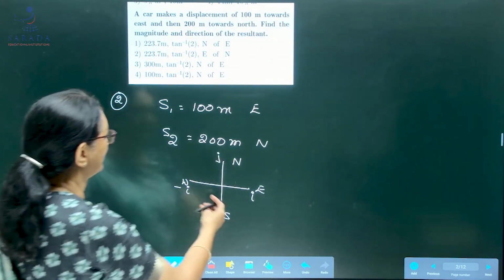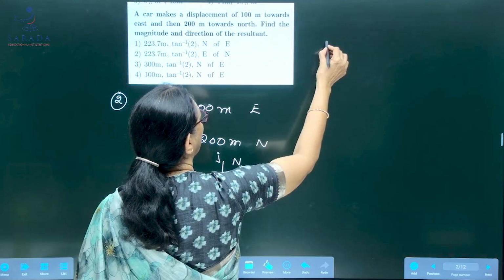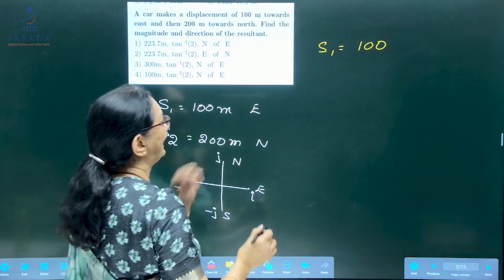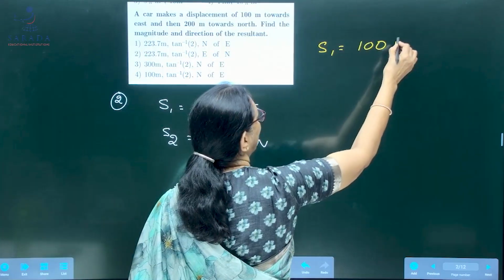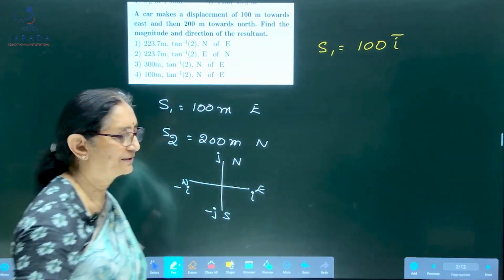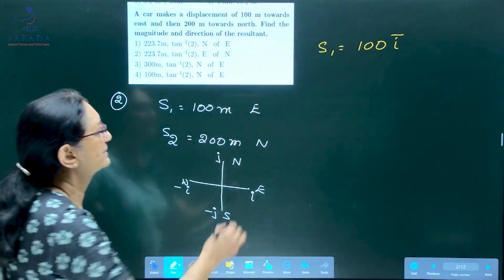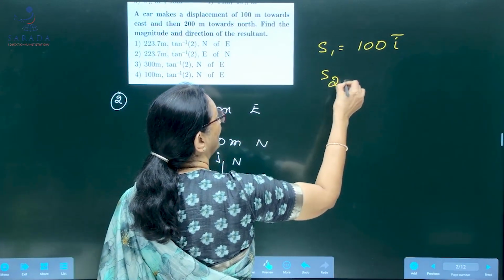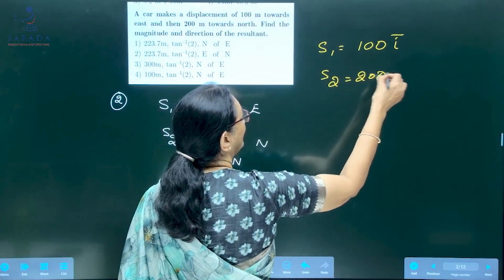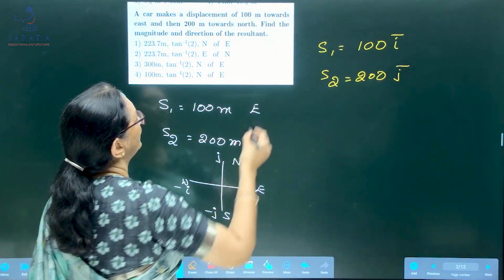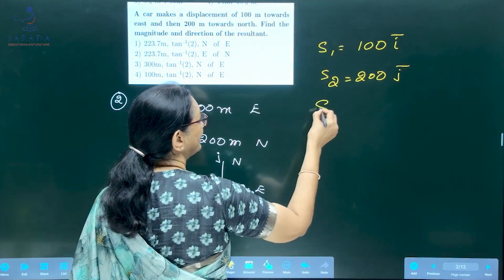Look here, based on this convention, S1 is 100 meters east, so let us take it as 100 I bar. And S2 is 200 meters north, so S2 is equal to 200 J bar. What is the magnitude and direction of the resultant?